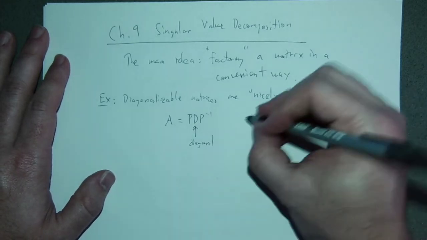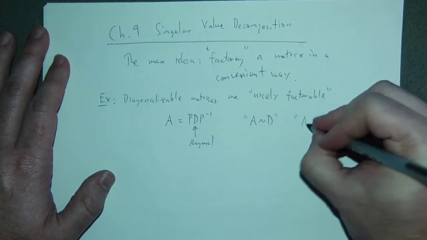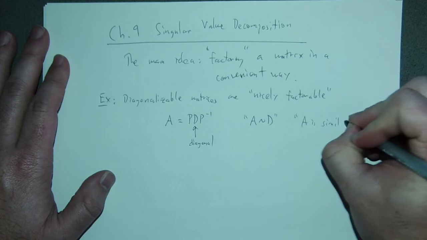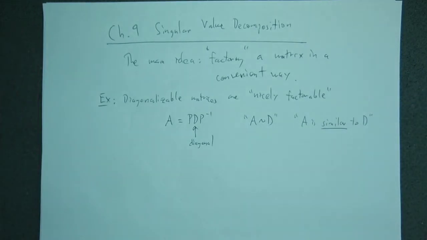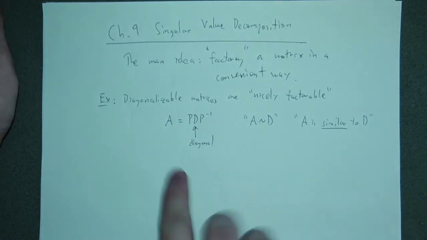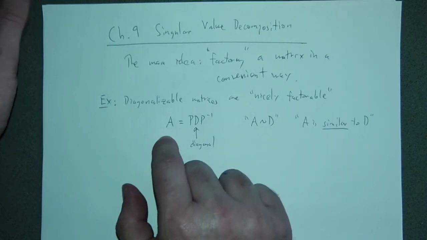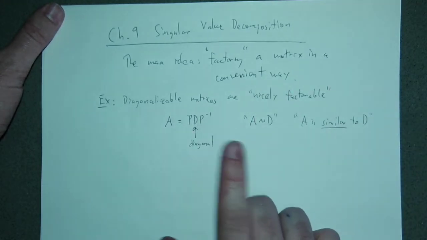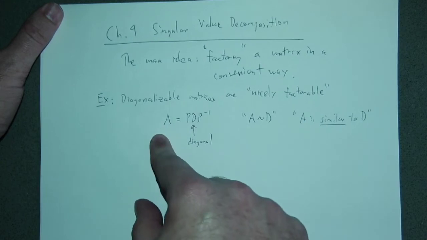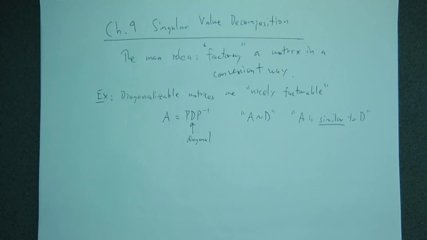So another way to read this is A is similar to D. The whole benefit of doing this was that by diagonalizing a matrix, you took computations that you wanted to do using some generic diagonalizable matrix, and you did them instead on a diagonal matrix associated to A. And of course, a diagonal matrix makes those computations a lot easier.